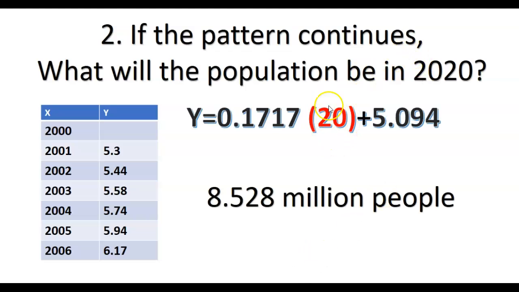So I would substitute in the 20, not the whole 2020, because when I put it in the computer, I took off the first 20 and just used the last number. Put that in the calculator or Desmos, and you get 4.528 million people.